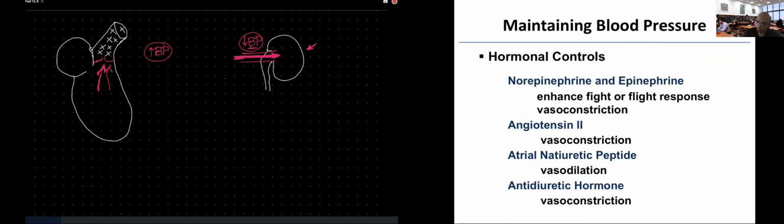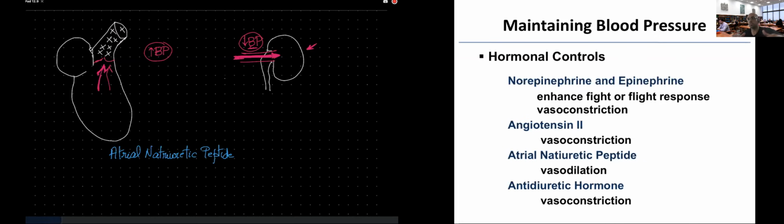If I told you that a hormone is called atrial natriuretic peptide, just from the name, can you tell me whether it's going to perform a vasoconstriction or a vasodilation?